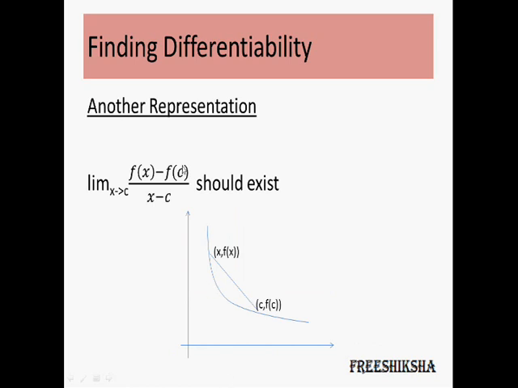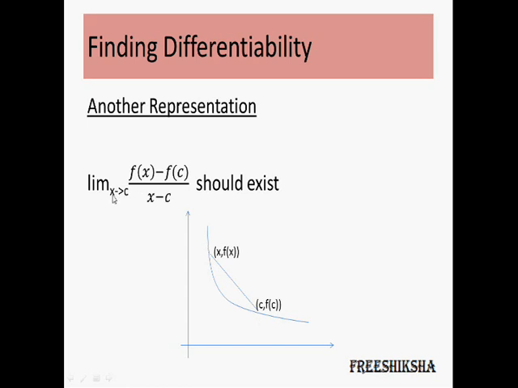There is another representation for finding out the differentiability. So this again is giving us the slope. This is another way of finding the slope at a point. But if we want to find the slope at this particular point, what we want is this c should be very near to x. Then only it will become a tangent, and then I'll find the slope. That will give me the derivative value at that point.